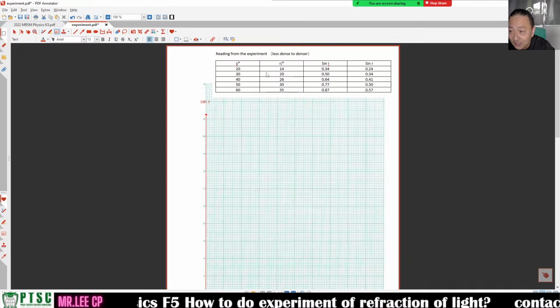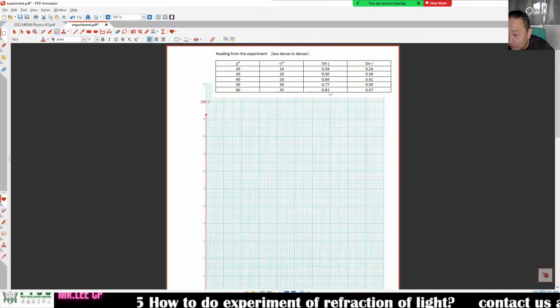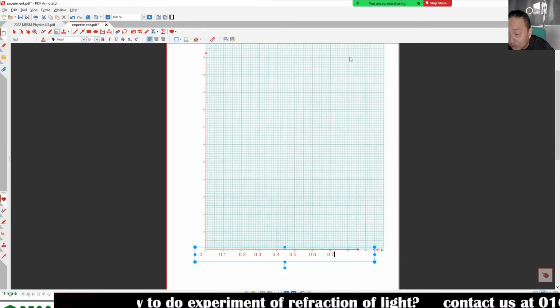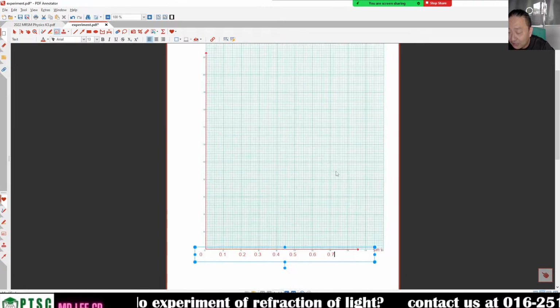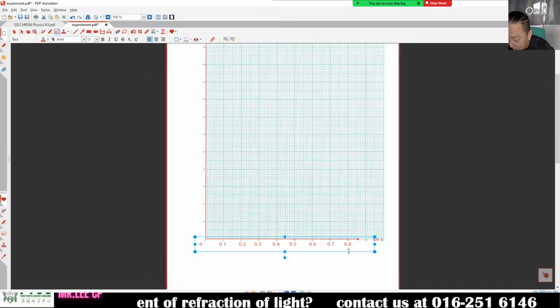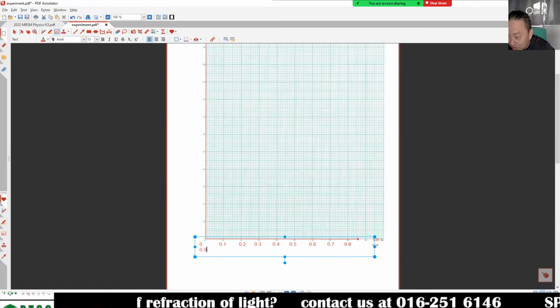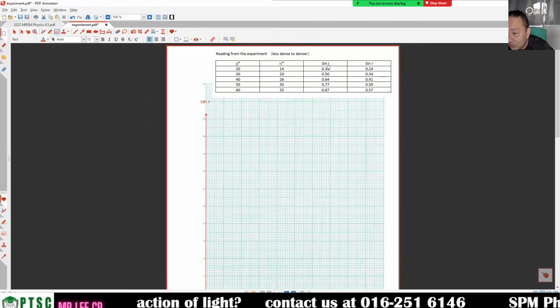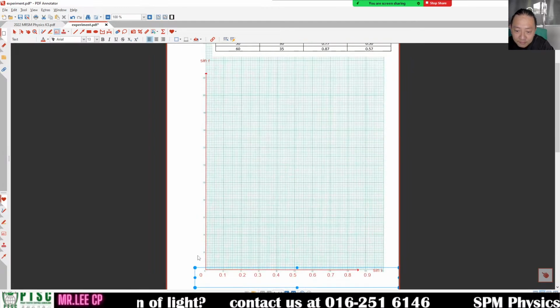So you see the x value here, sin I: 0, 0.7, 0.8, 0.9. You do until 0.9, because the maximum here is 0.9. Now you find the y values.